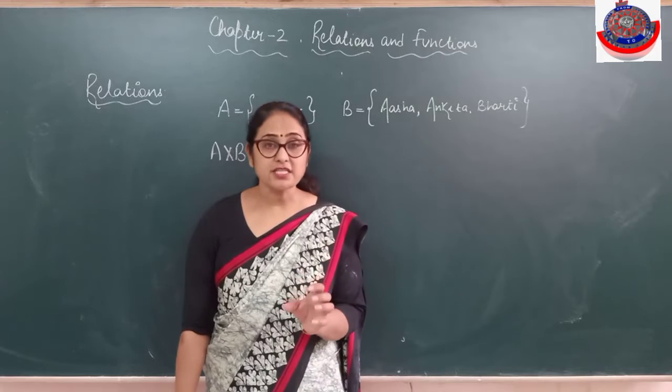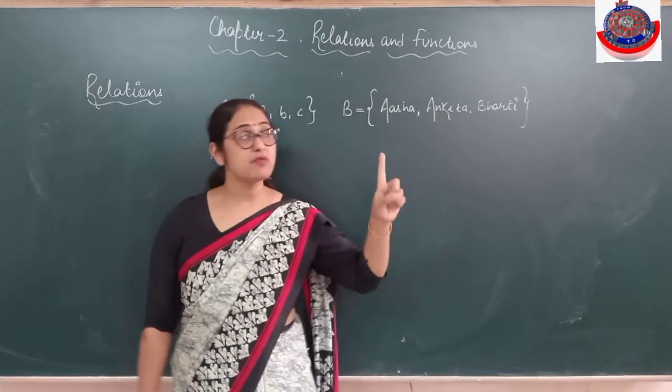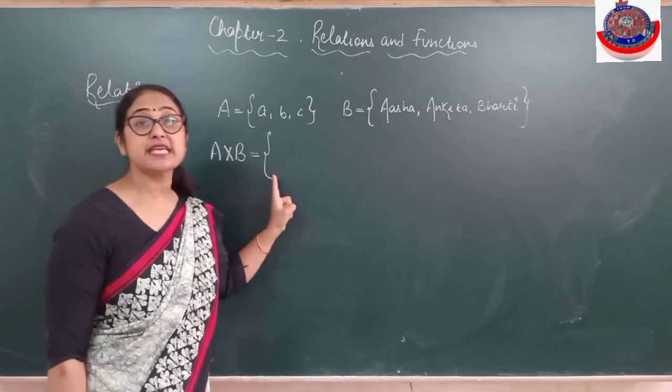What is a Cartesian product? It is a set of ordered pairs where the first element belongs to the first set and the second element belongs to the second set.